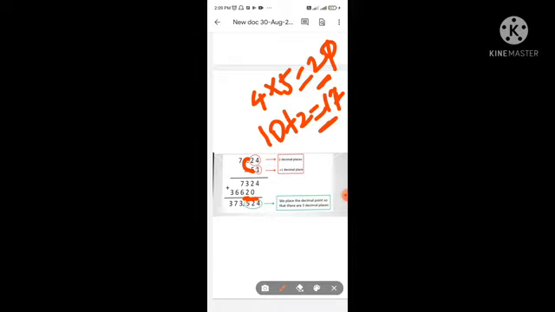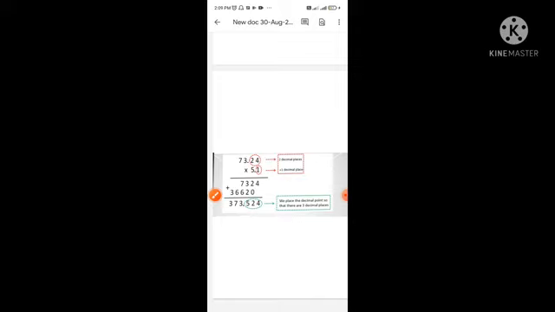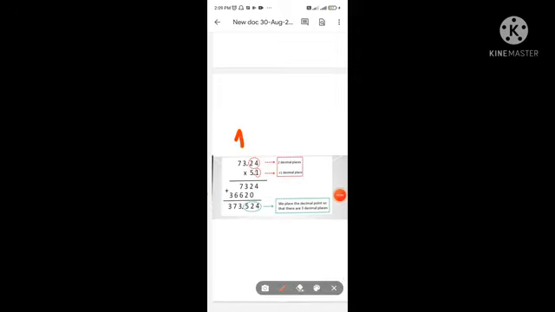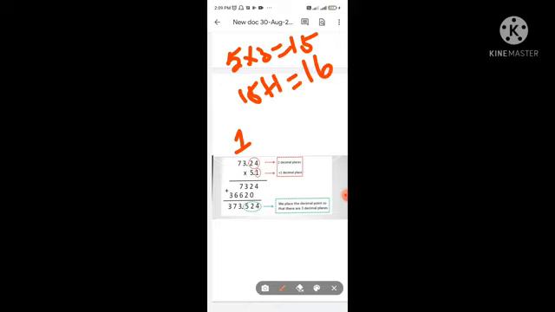1. You have remaining 1. Keep it in your mind. So that only I have to write here. Then 5 threes are 15. 15 plus 1 is 16.